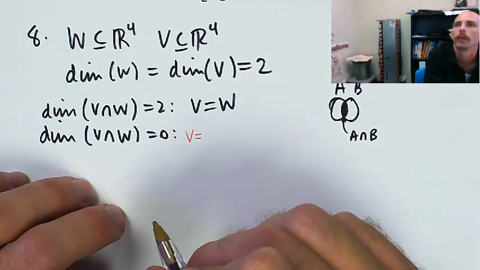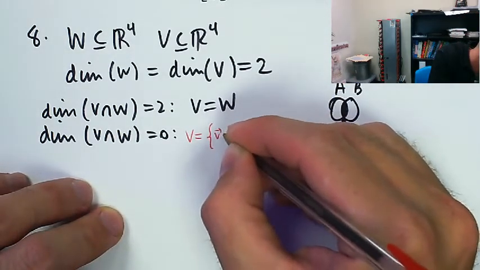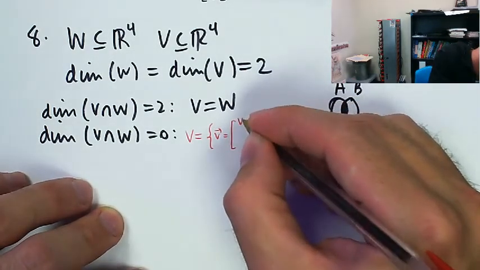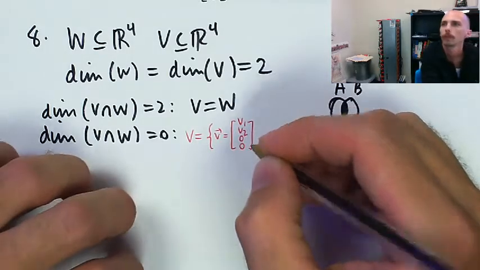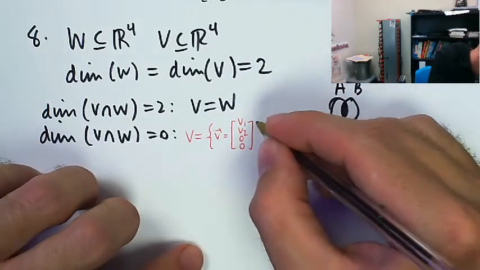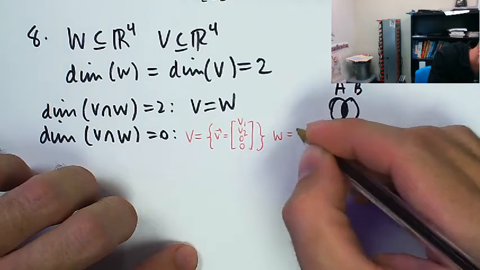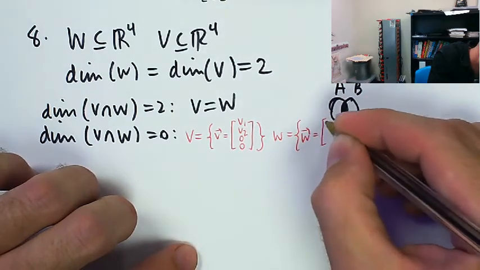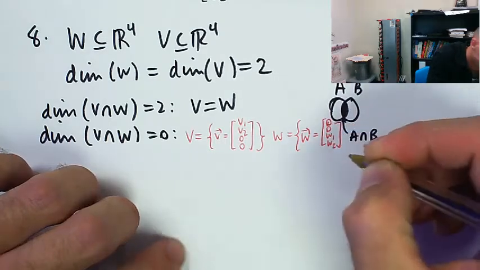how do I do this? Okay, V equals the set of all vectors, let's say, V1, V2, 0, 0, and W equals the set of all vectors that were kind of the opposite: 0, 0, W1, W2.